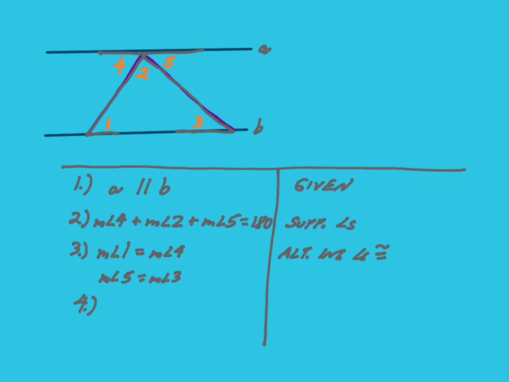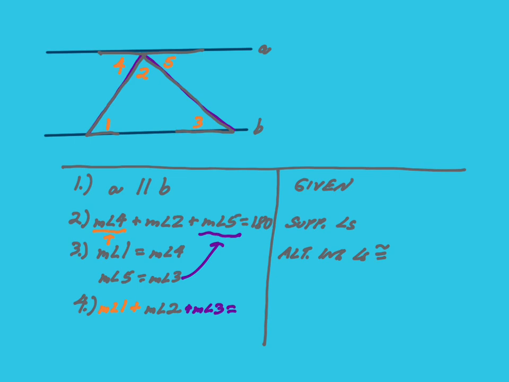So since angle 4 is the same as 1, we're going to replace angle 4 with angle 1. We still have angle 2 sitting here. And now we're going to replace angle 5 with angle 3.